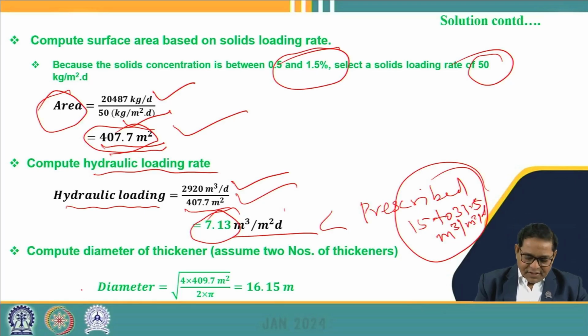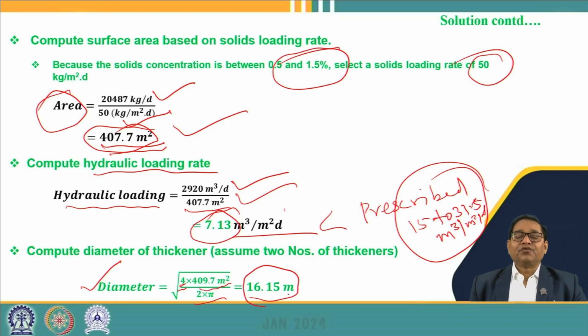And then finally, for illustration, to find the diameter, the diameter is equal to the square root of 4 into the surface area divided by pi. So here we get 16.15 meter diameter of the gravity thickener for this case.